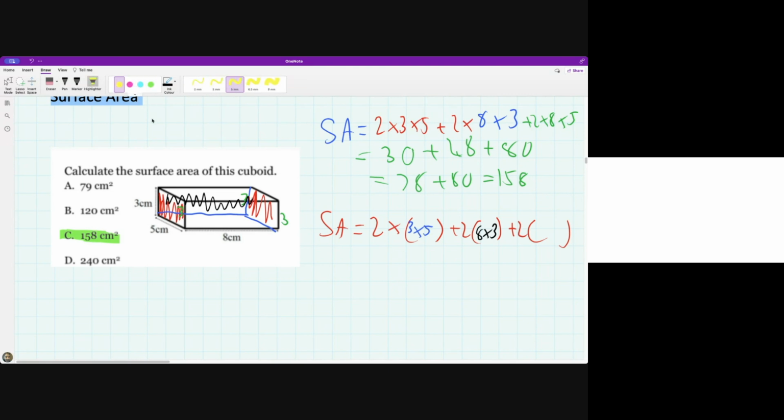On top, this is 5 and this is 8. And the top and bottom, so that's 2 times 5 times 8. So I've got to add all those up, and then I get 158 centimeters squared. Give me a thumbs up or thumbs down if it makes more sense now.